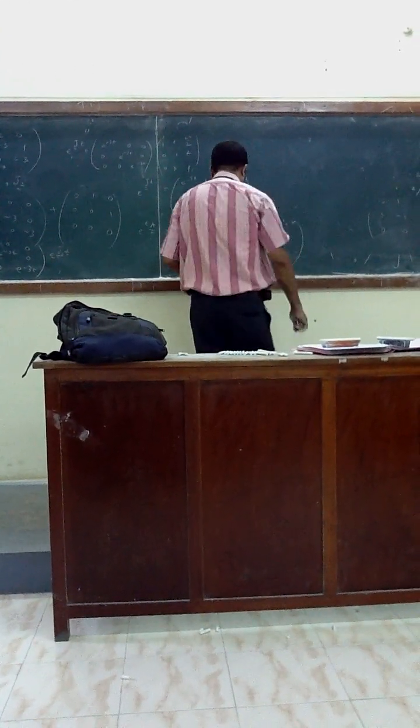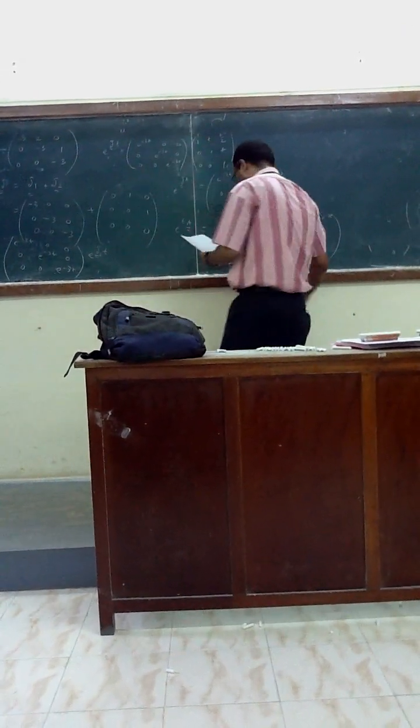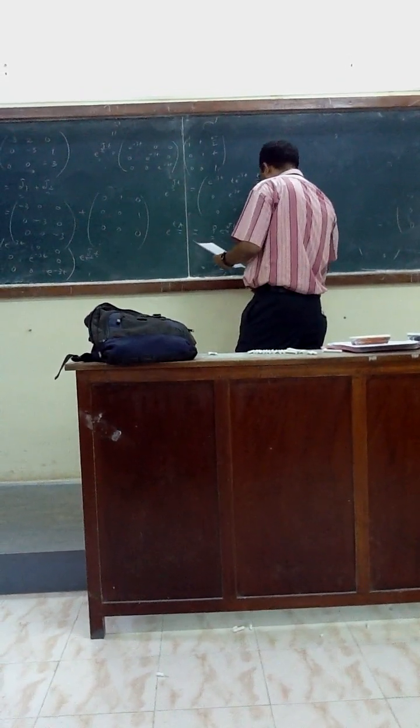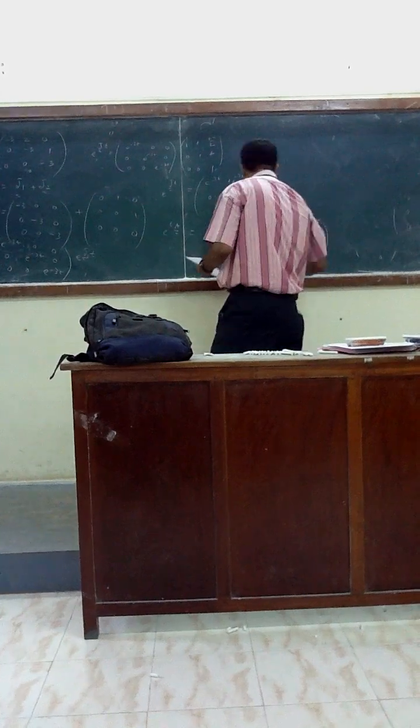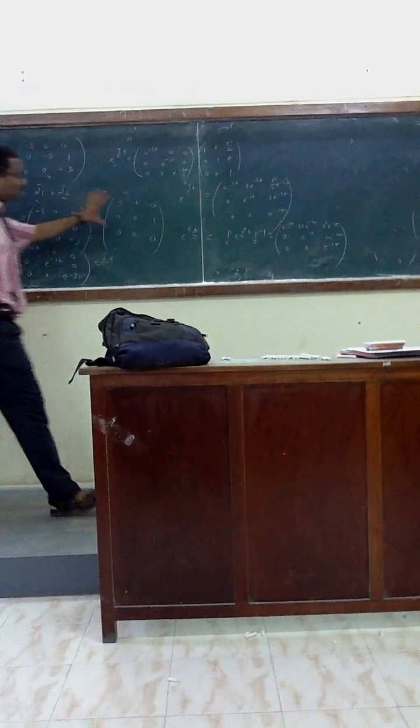Next. Second row, first column. 0. Next. Minus 3. Next. It is what, t. This is the technique we have done already.